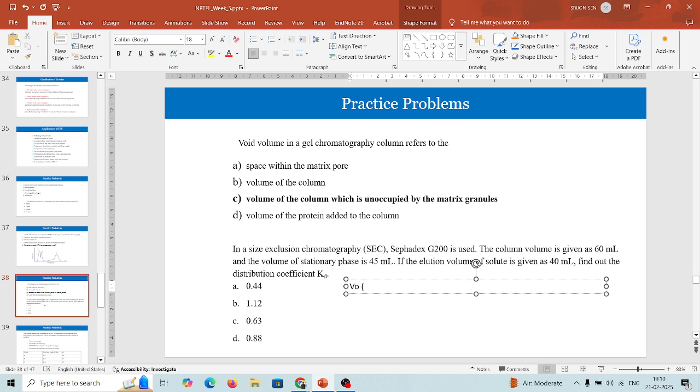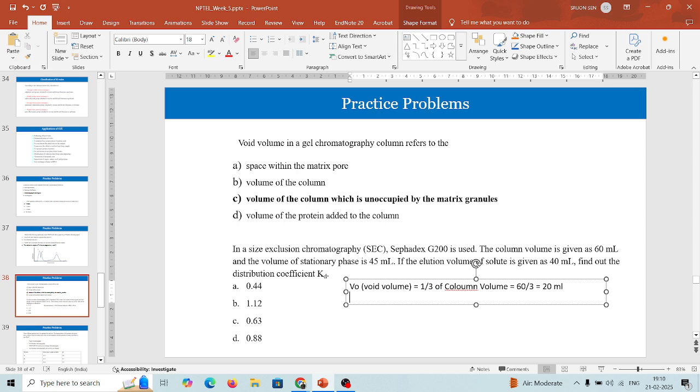So V0, or you can call as the void volume, is equal to 1/3 of (20 ml).